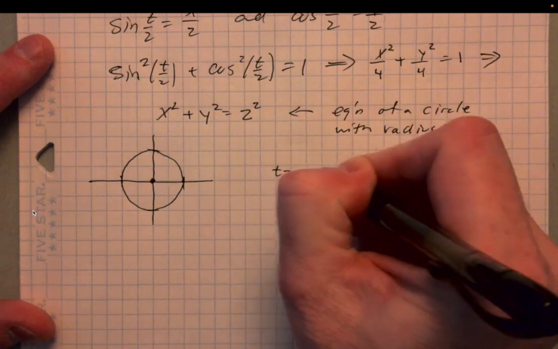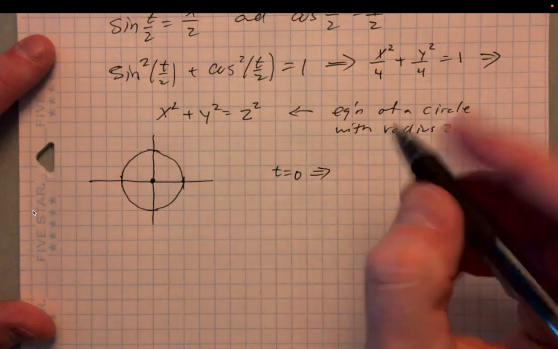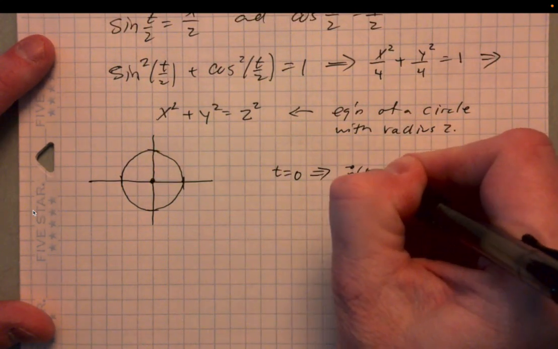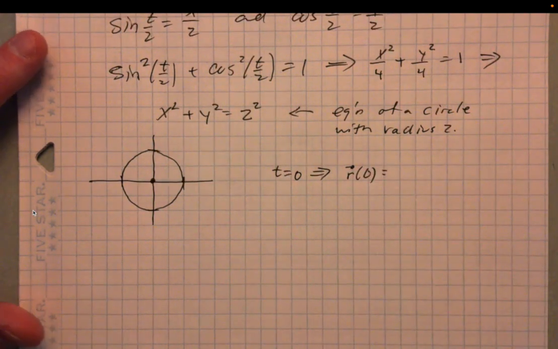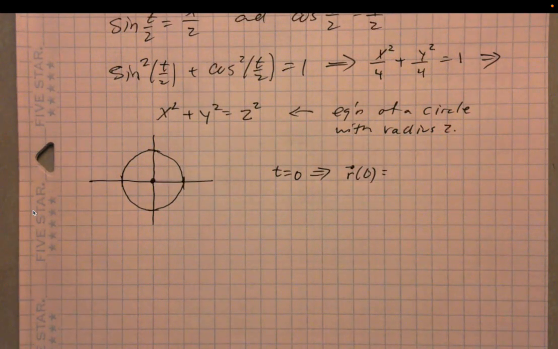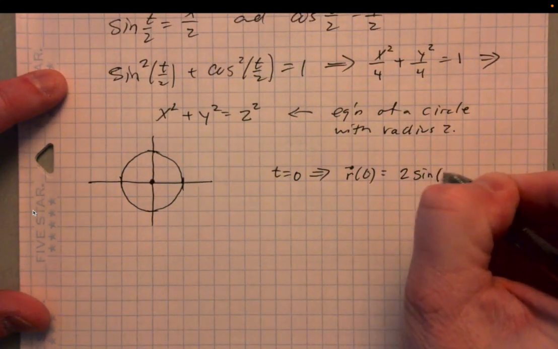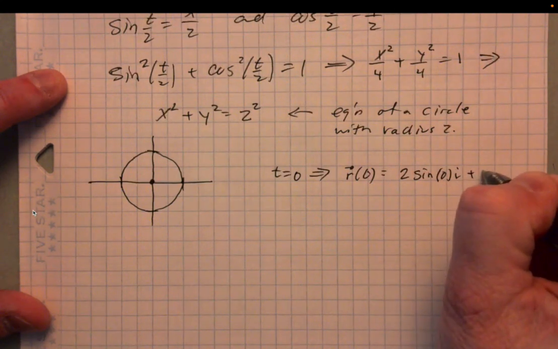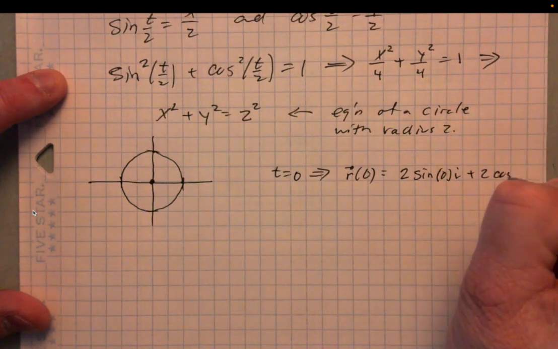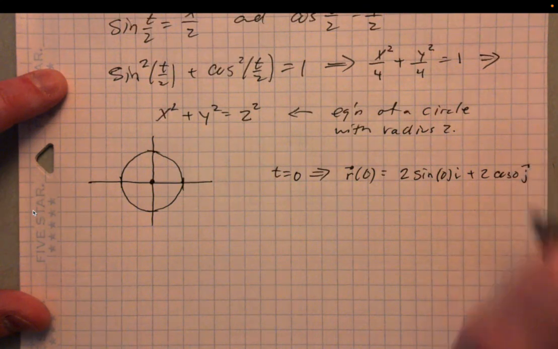So when t equals 0, what do we get? That means r of 0. If I plug 0 into the position function, I get 2 times the sine of 0, i, plus 2 times cos 0, j.